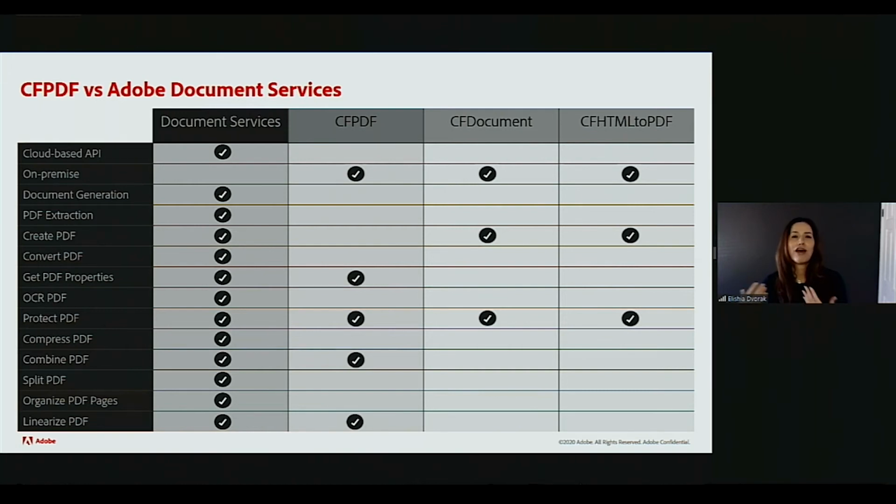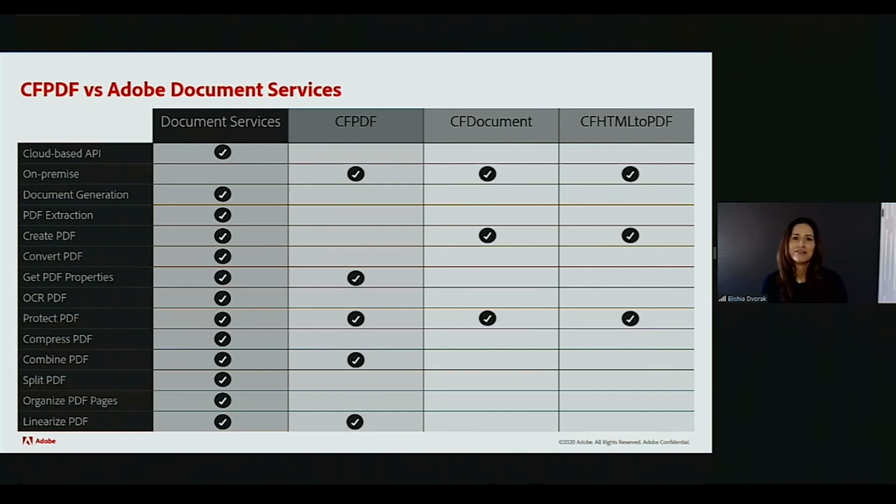And of course, these are not all the capabilities. So, those of you that know CF document and CF PDF functionality, this, of course, is not the breadth and the scope of all of those capabilities, obviously. But I wanted to show you in context of what's available in Document Services that you can do and what's readily usable today and from ColdFusion if you'd like to leverage these APIs.